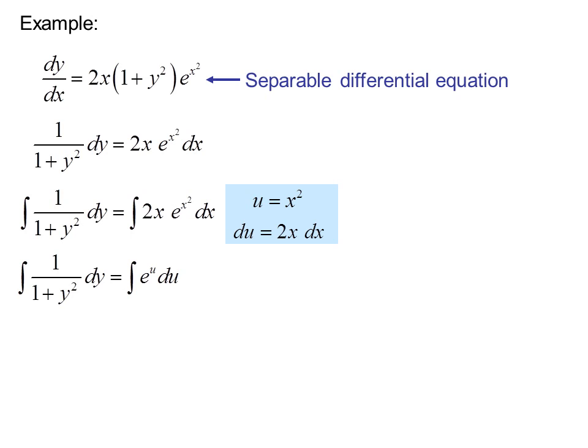So when we integrate both sides, we get inverse tangent y plus constant 1 equals e to the u plus constant 2. Now we substitute back in the value for u, which is x squared.